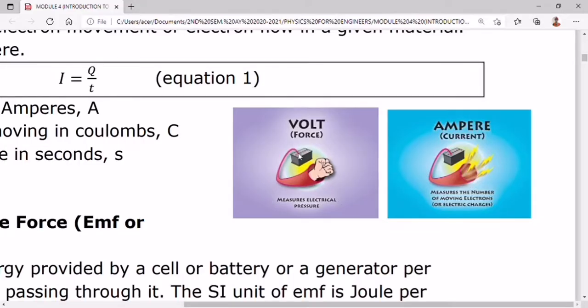As the wire is energized by the power supply, the electrons will flow, since the volt is the force that pushes them forward. The number of moving electrons or electric charges, that is what we call the ampere. That is the current.